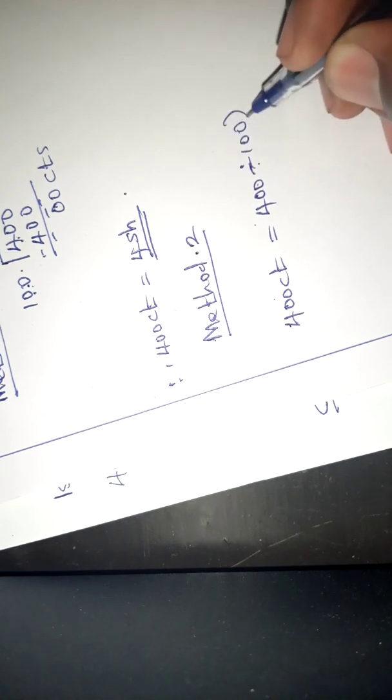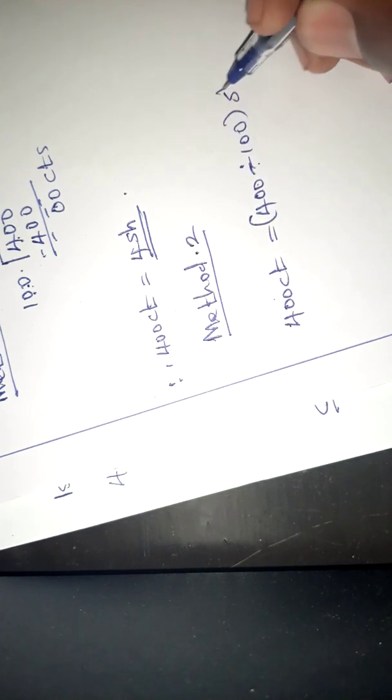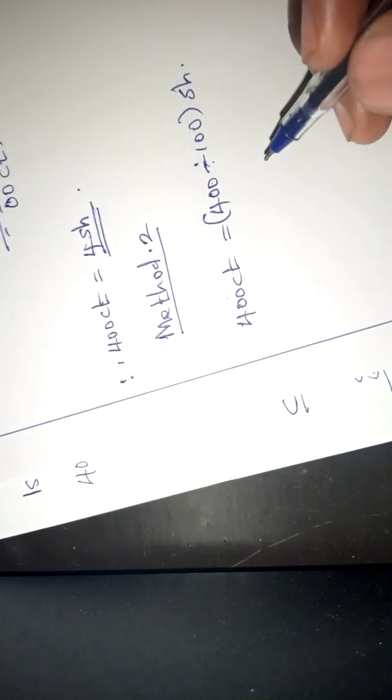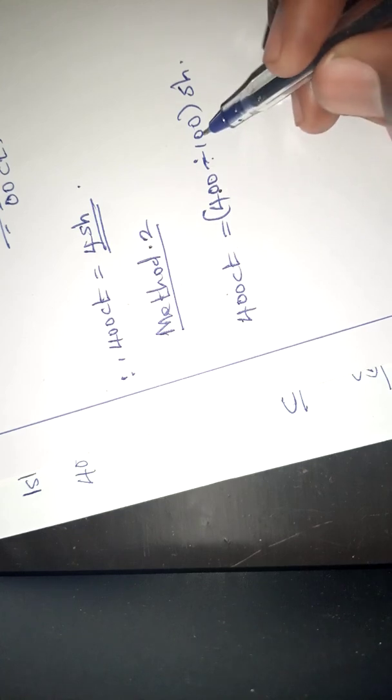Try method 2. Method 2, you want to divide 400 cents, which is equal to 400 divided by 100.